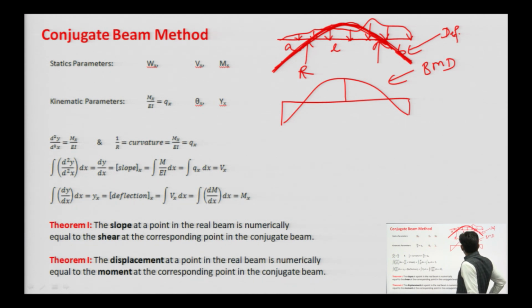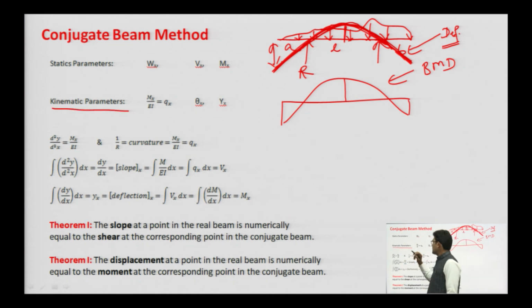So the displacement at any point in the real beam, or the slope, can be determined with the kinematic parameters. Let us define what the static parameters are and what the kinematic parameters are.